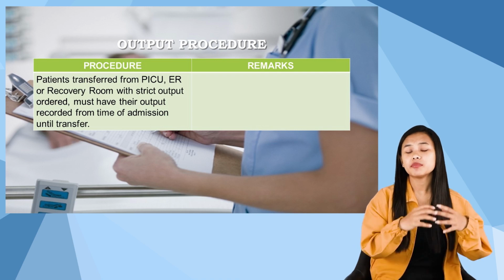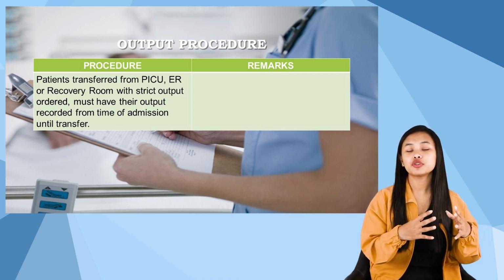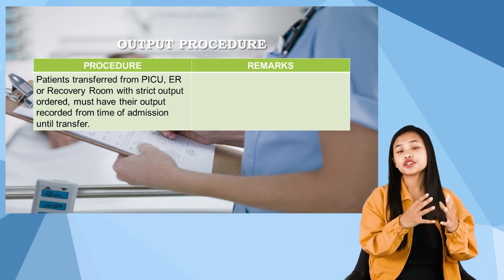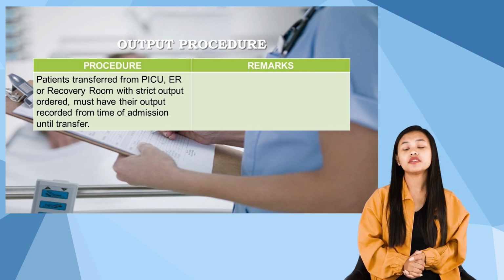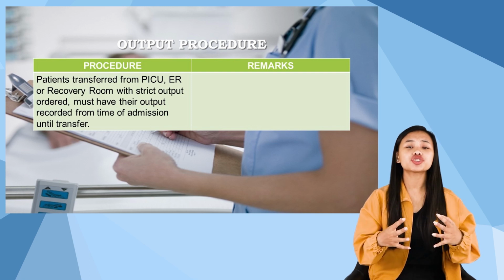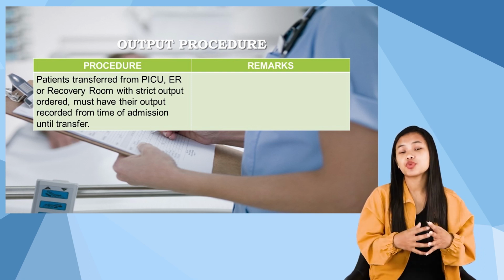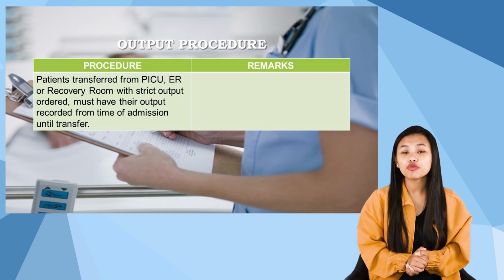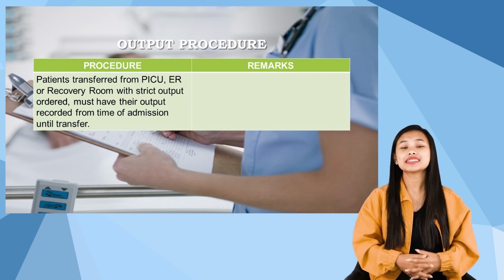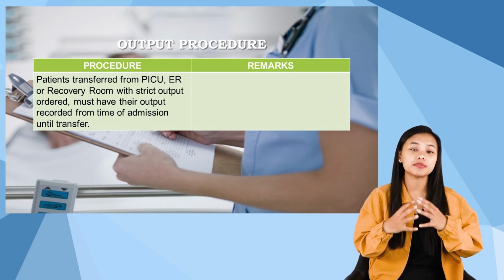And this can be done by measuring it and recording it in the input and output chart or even in the computer. So these are the various steps that you need to follow whenever you are measuring and recording the output of a patient.